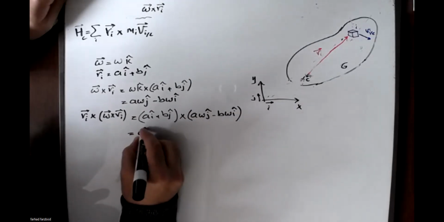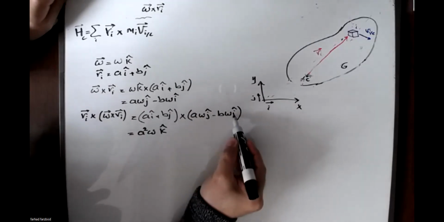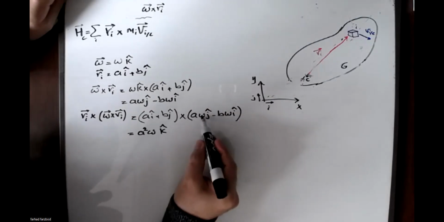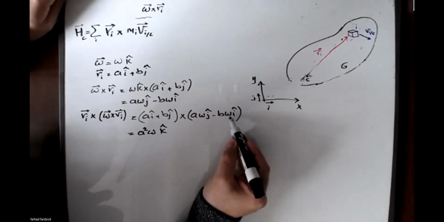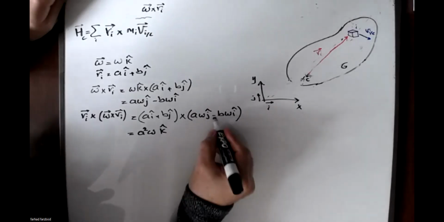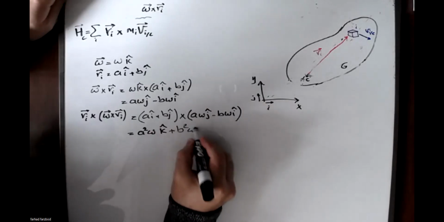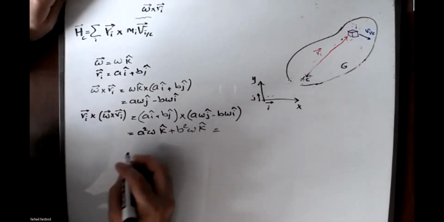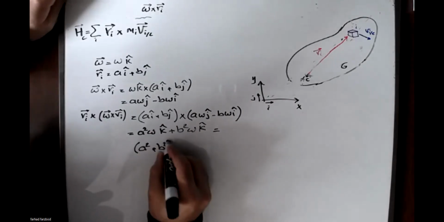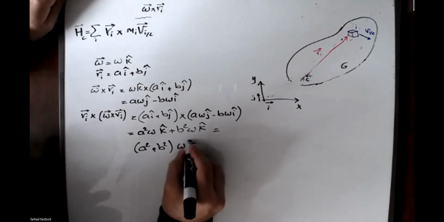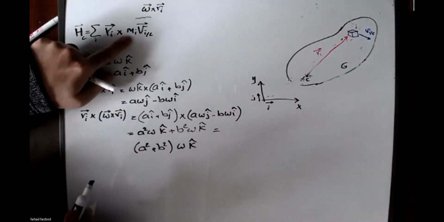So I would have a square omega k hat. i hat cross i hat is 0. j hat cross j hat is 0. j hat cross i hat is negative k hat, so I have another negative here. So I would have b square omega k hat. So I can factor out k hat and I would have a square plus b square omega k hat.